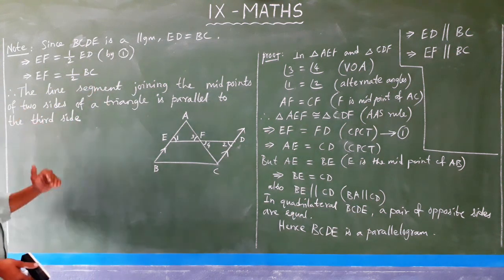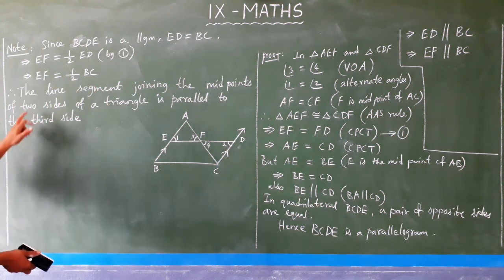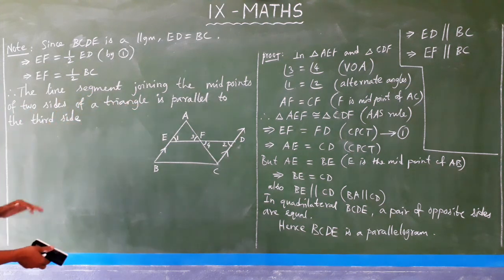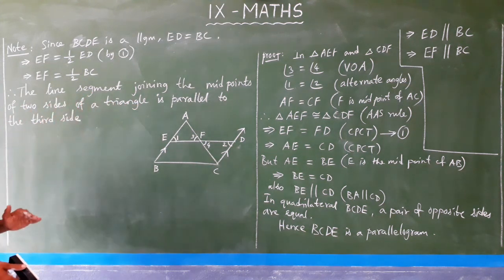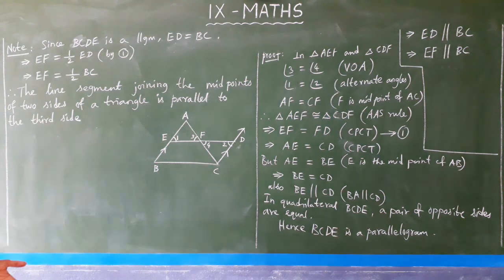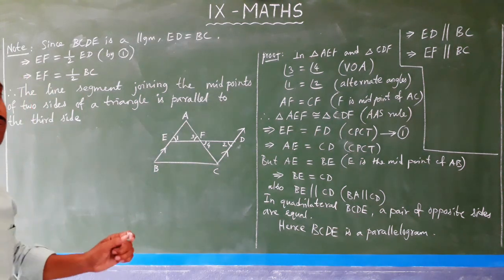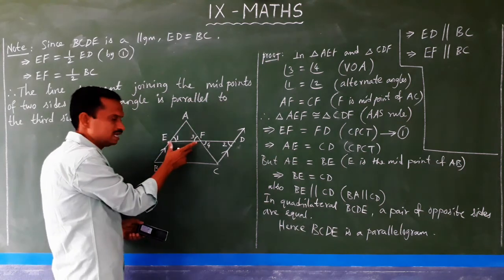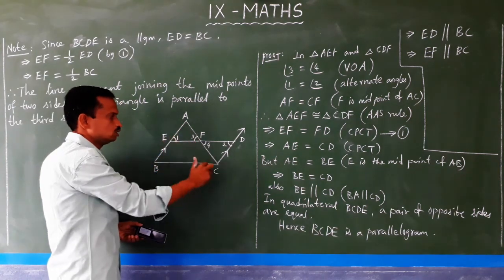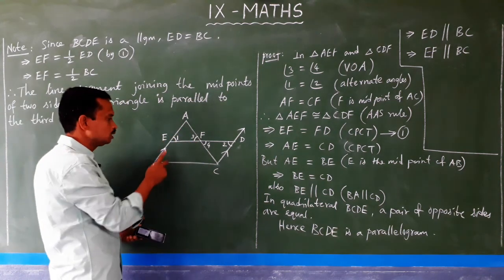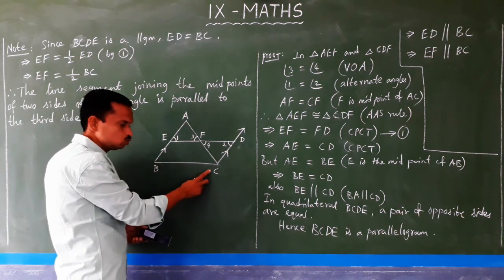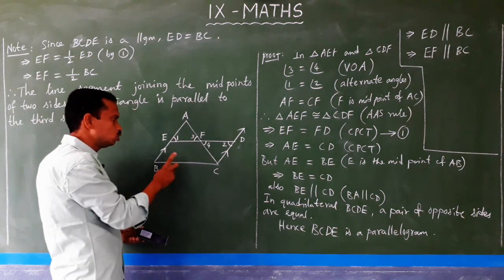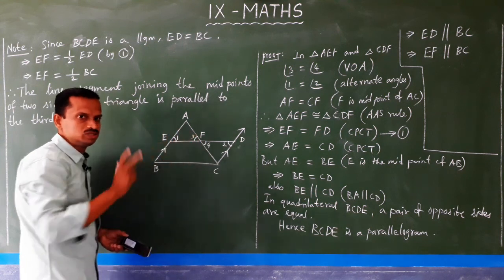So from this, the conclusion we can give is that the line segment joining the midpoints of two sides of a triangle is parallel to the third side and is half of it. That means what? This here is the line segment joining the midpoints of two sides of the triangle ABC. So EF is parallel to the third side BC and also EF is half of BC.